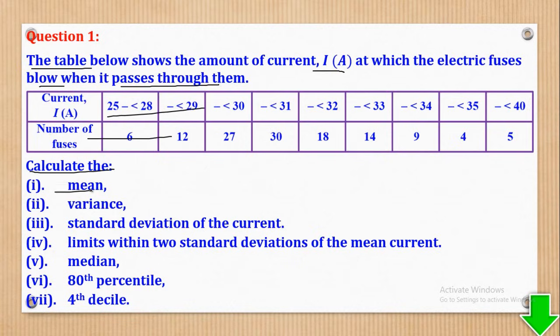Calculate, Roman 1, the mean, variance, standard deviation of the current, limits within which the standard deviations of the mean current, within 2 standard deviations of the mean current. That is just English, but it's doable. Then next, median, 80th percentile, 4th decile. So let's see how these ones can be got.